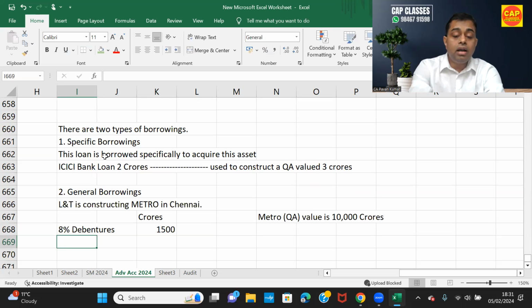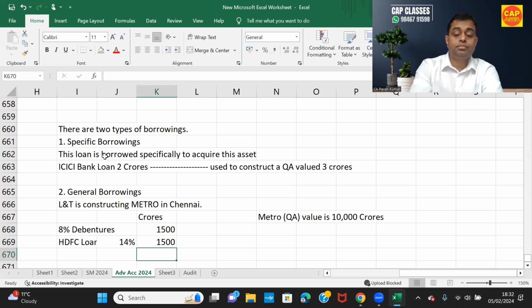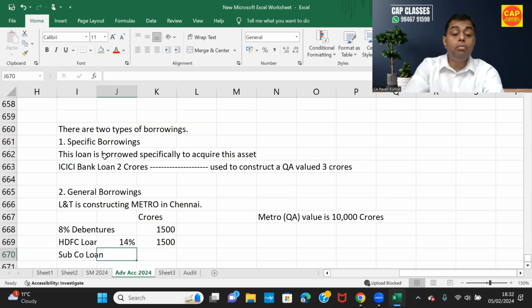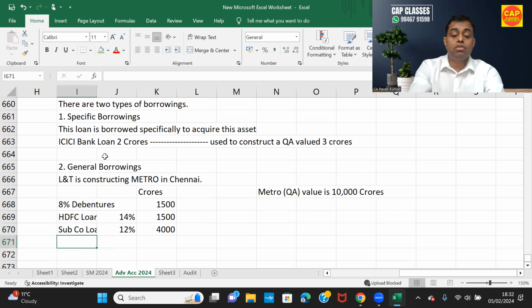HDFC loan at 14%, 1,500 crores. Then a loan from a subsidiary company, or holding company, at 12%, 4,000 crores. And they have working capital loans from different banks, 2,000 crores.